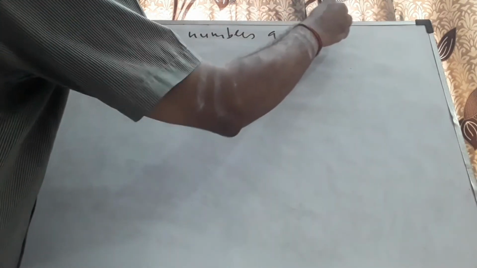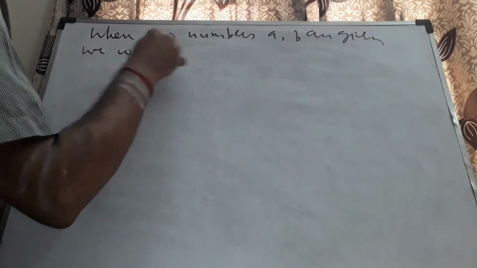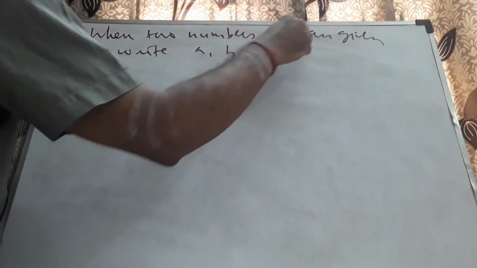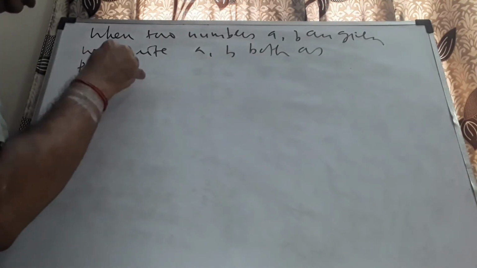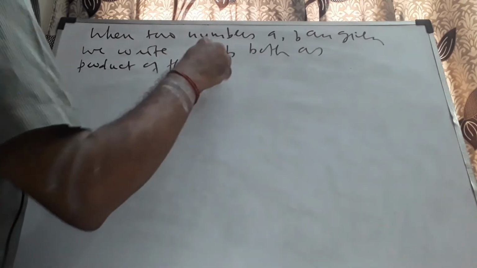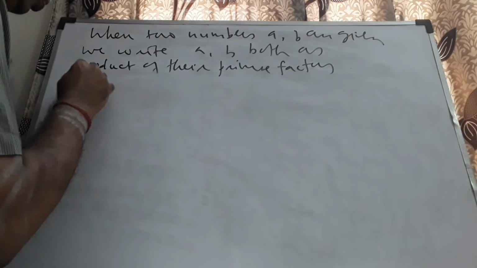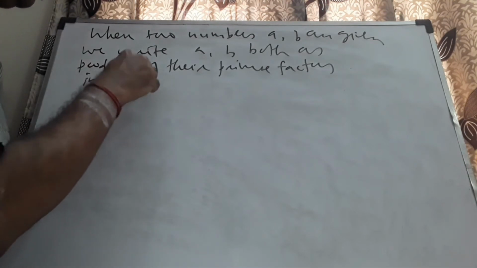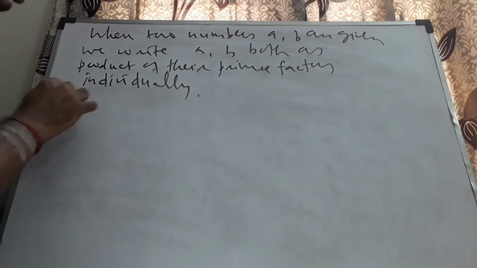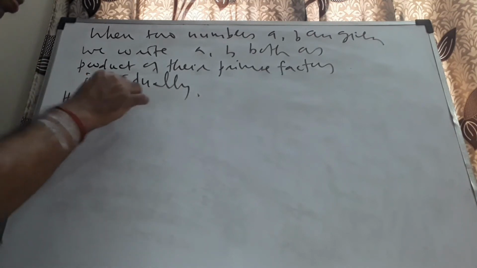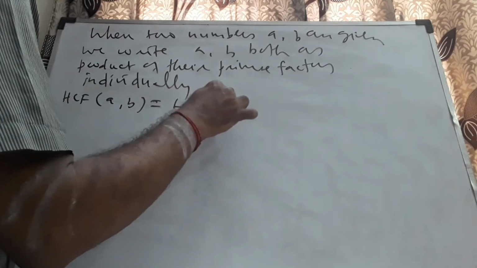When two numbers A and B are given, we write A and B both as a product of their prime factors individually, as we did for 12 and 15 here. Then the HCF of A, B is equal to the lower power.